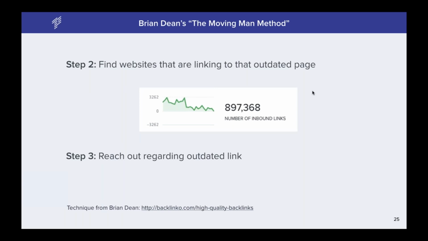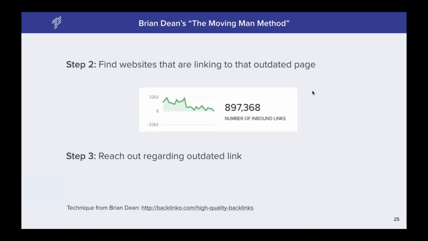Now, if you have the list of those websites that are linking to that outdated page, you should start reaching out to those people regarding this outdated link. So, make sure that you write a really personalized email. Also, again, do not push for a backlink. Make it less pushy in a sense.